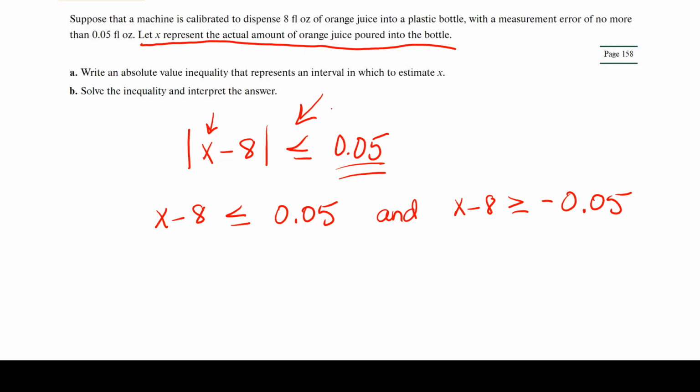So it's got to be less than or equal to 0.05, but greater than or equal to negative 0.05. So when you solve for X, that just means that X has to be less than or equal to 8.05, and X has to be greater than or equal to negative 7.95.